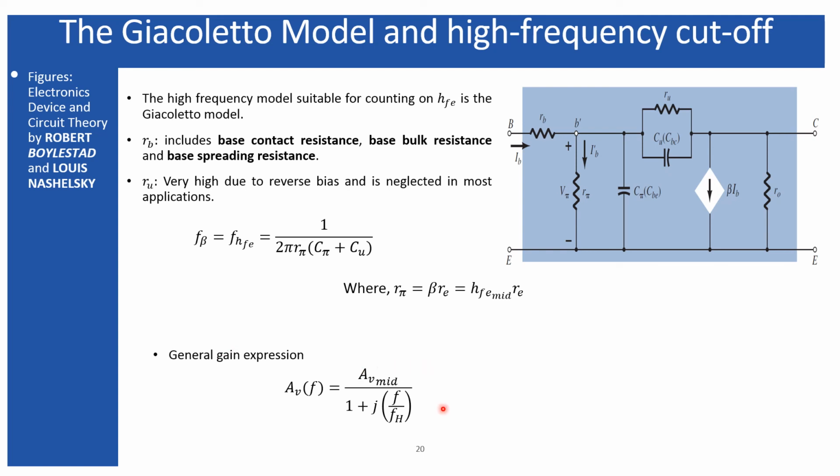So this is the general expression for the gain, we can say. The general expression for the gain, HFE, the forward current gain, for this case I have represented in this way, and this is a general expression for any kind of gain we can represent. This expression takes the form of the low pass filter, because we have seen that at the higher cutoff range the output deteriorates.